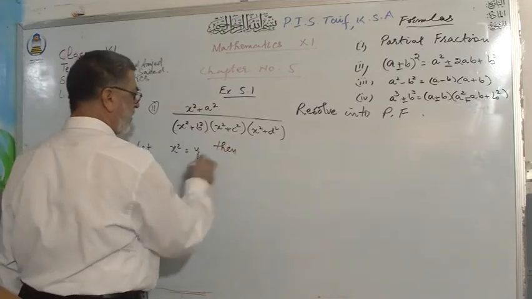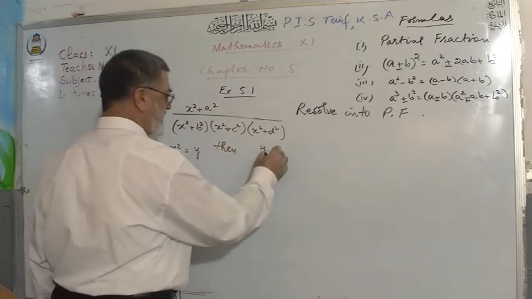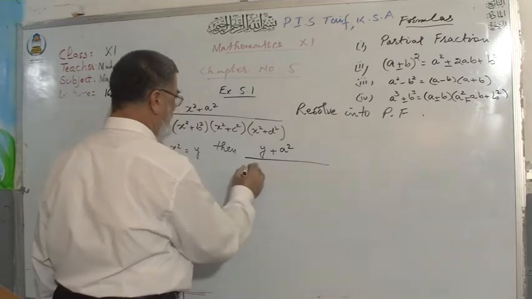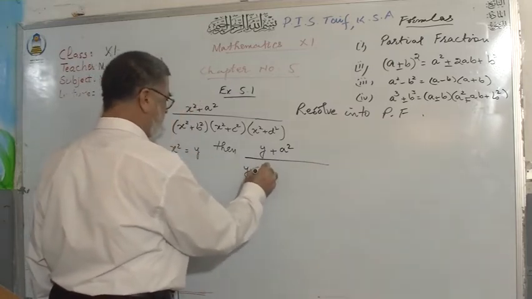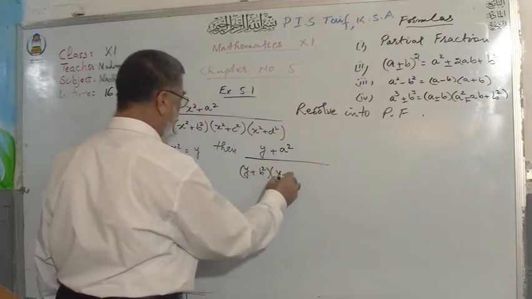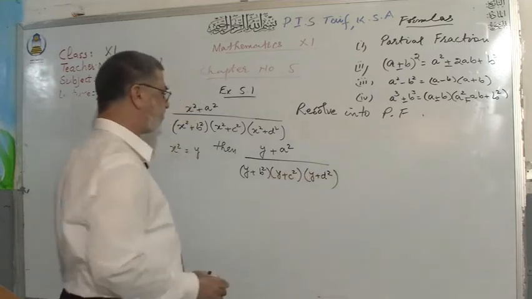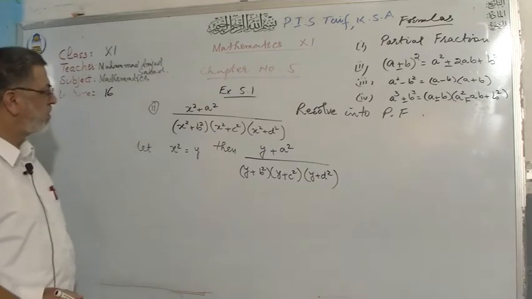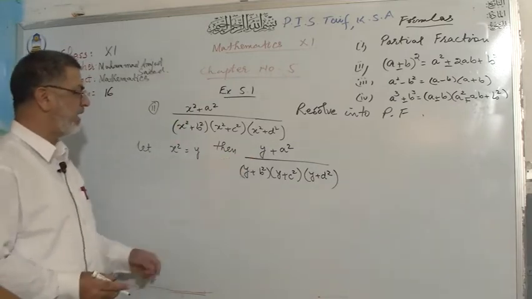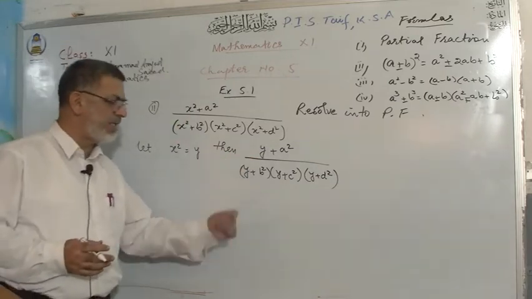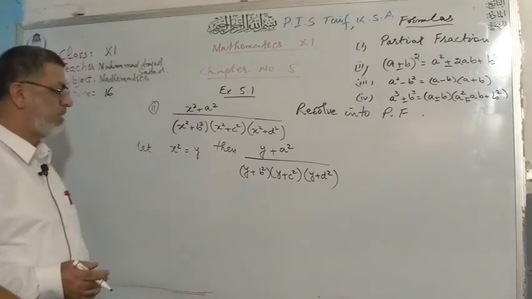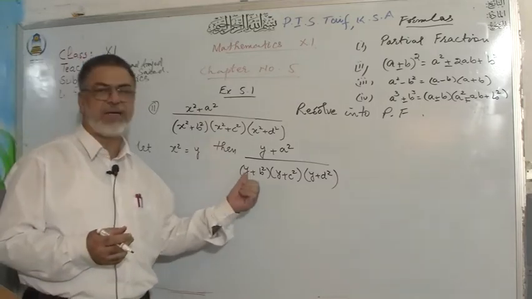Then y plus a square over y plus b square into y plus c square into y plus d square. So in this way we have converted these polynomials in the linear form by having maximum degree of the variable as 1.